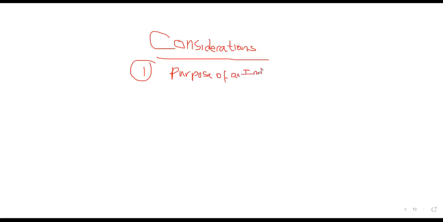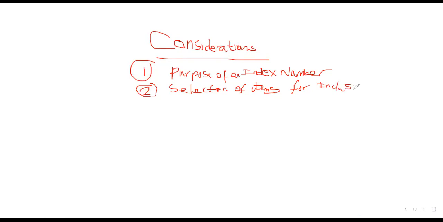Then we have the other one, which is the selection of items for inclusion. Then selection of appropriate weights. So these are considerations, please.